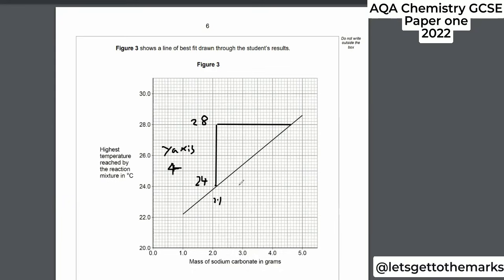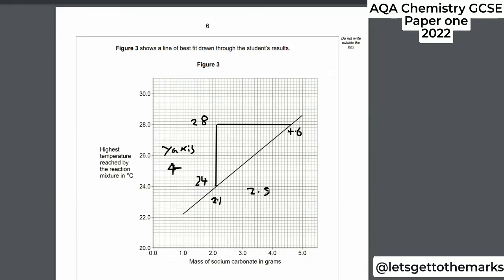Now I want to check my x-axis, which is slightly more difficult. I've got 2.1 and I've gone over here to 4.5, 4.6. So along my x-axis, the change is 2.1 to 4.6, so that's 2.5.